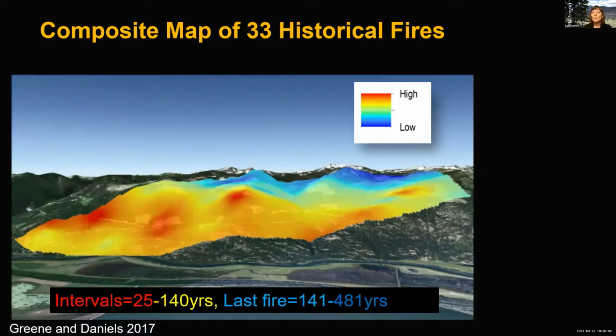So here, the warmer places in the landscape, the red areas, are at low elevation and south-facing and have the shortest fire return intervals. In contrast, at highest elevation, and in particular in those north-facing basins at the top right of the map, we had very long time since fire, up to almost 500 years since we had fire in that portion of the landscape.